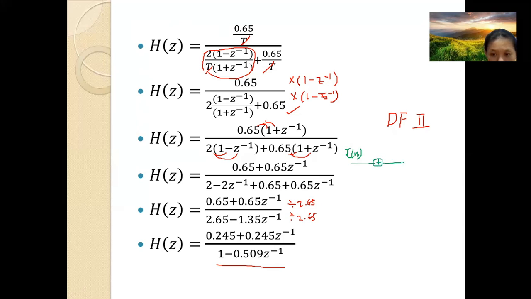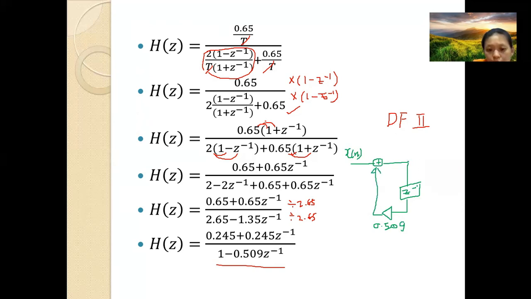Then this will go down for our z minus 1. And then here we multiply with our 0.509, and we go up with a sum.